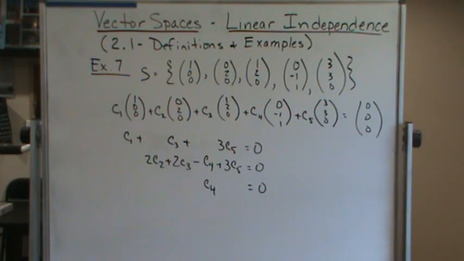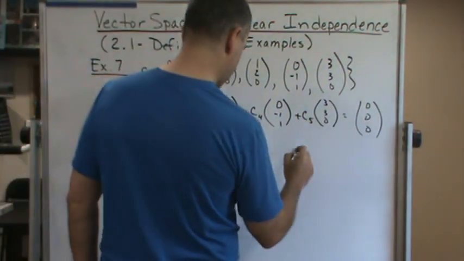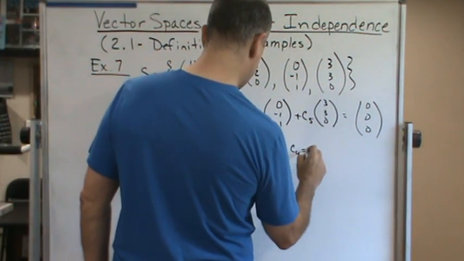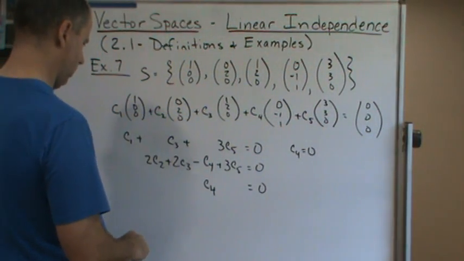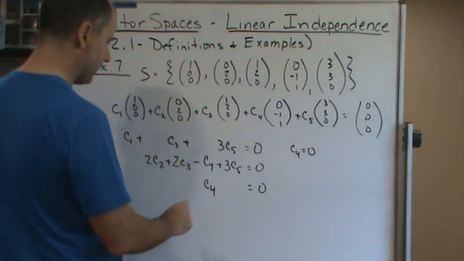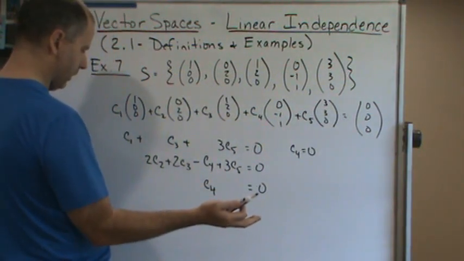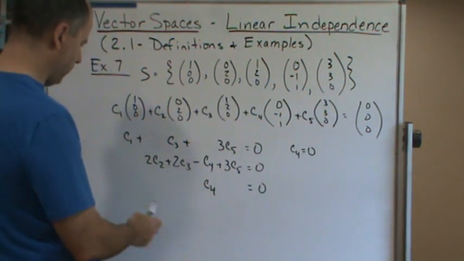Now the solution set has this parametrization. All we have to do is, we know that C4 is equal to 0. So we can see what our leading variables are.